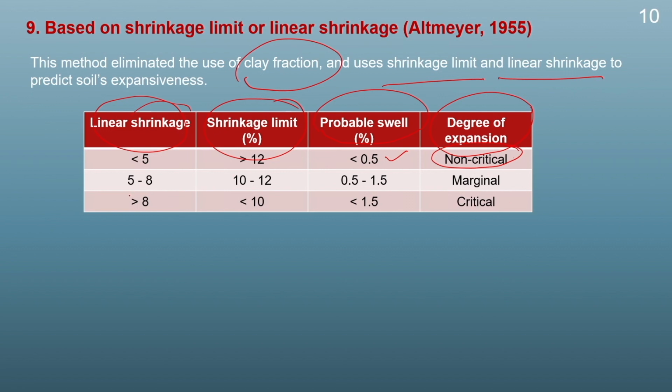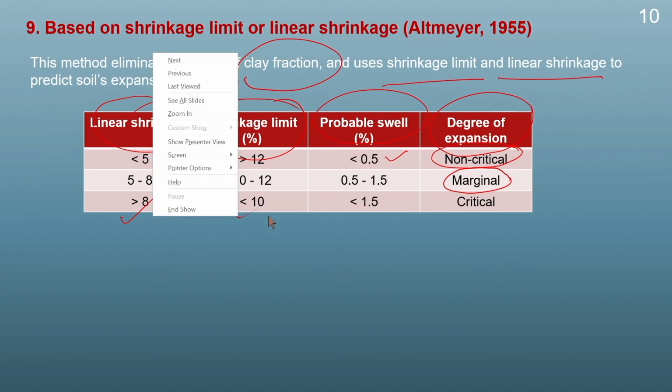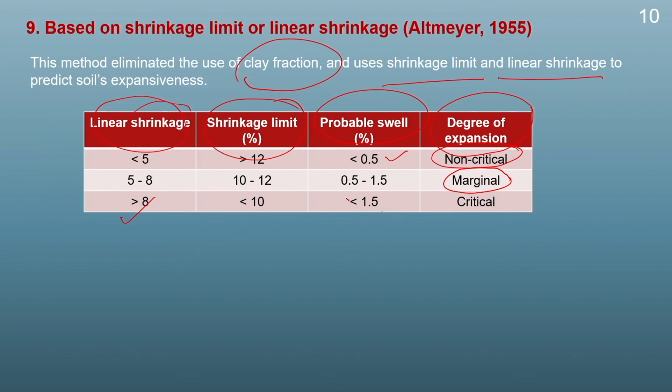If the linear shrinkage is between 5 and 8 or the shrinkage limit is between 10 to 12, the probable swell will be 0.5% to 1.5%, and the degree of expansion of the soil can be termed as marginal. If the linear shrinkage is greater than 8% or the shrinkage limit is less than 10%, the probable swell will be greater than 1.5%, and the soil will be termed as critical.